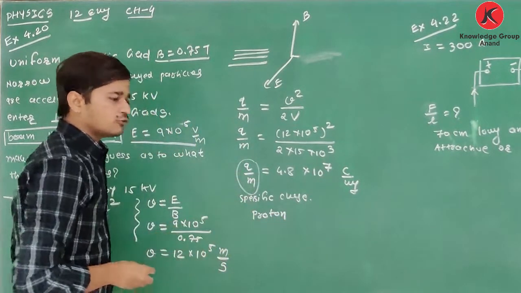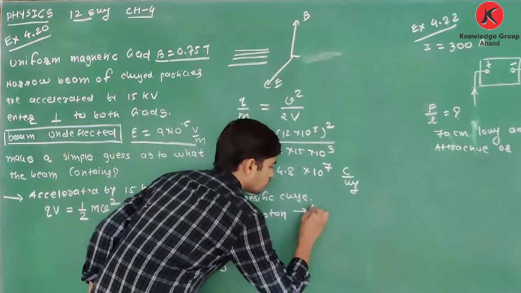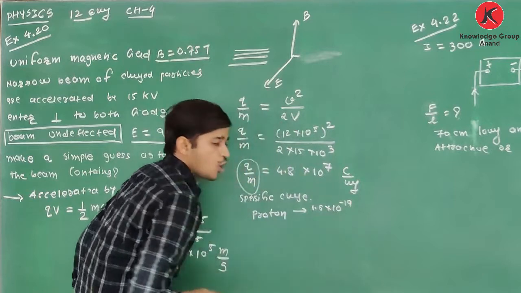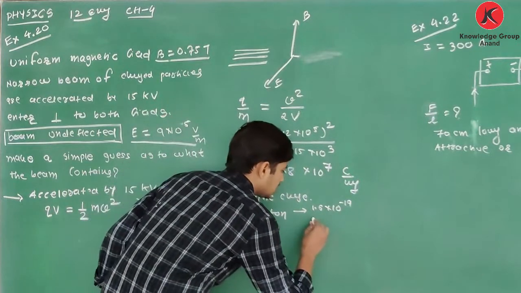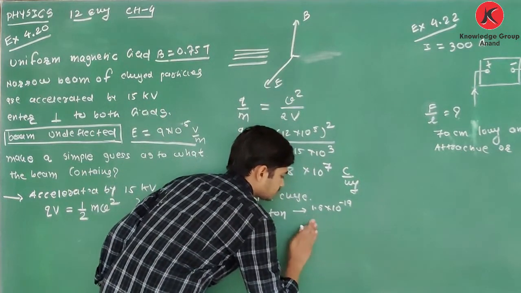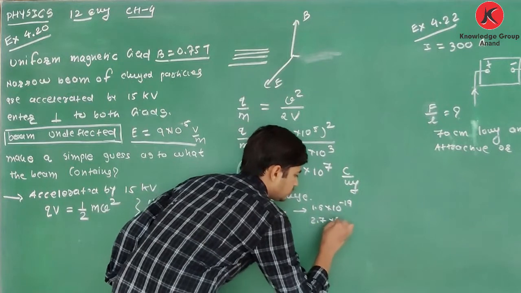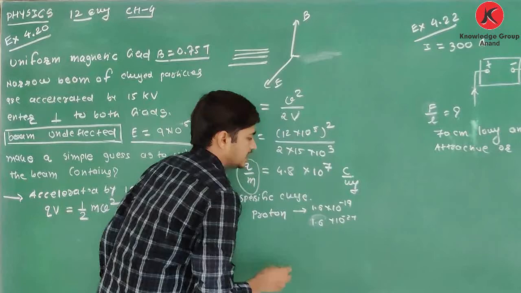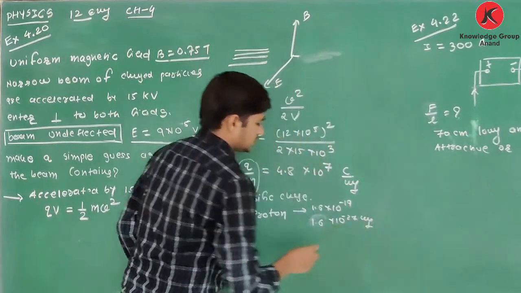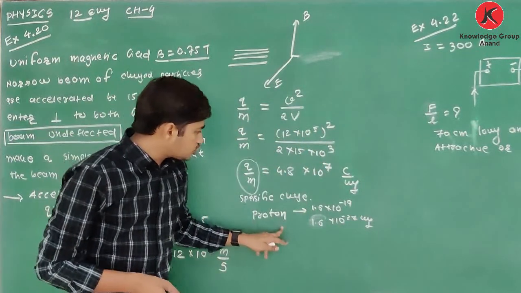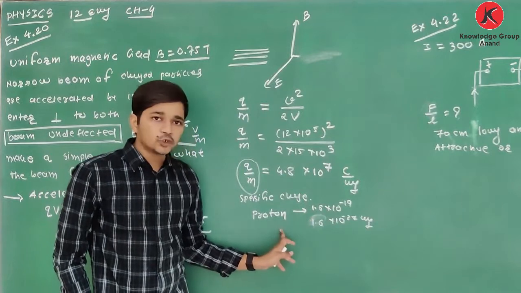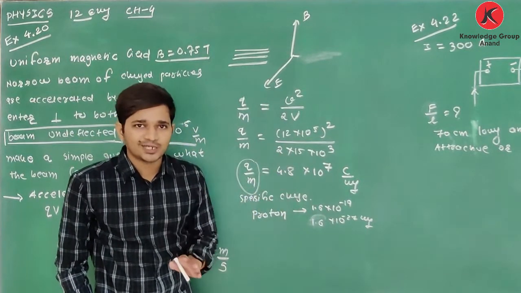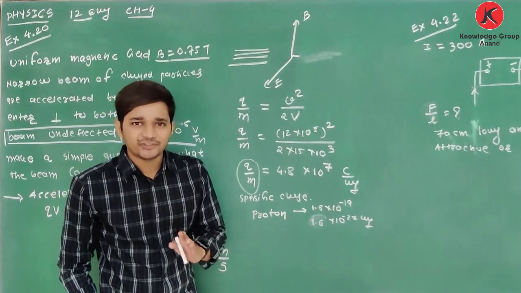What is the charge of a proton? 1.6 into 10 raised to minus 19 coulomb. What is the mass of a proton? It is 1.6 into 10 raised to minus 27 kg. Find the ratio of charge to mass for the proton. If your answer is similar to this answer, then the charged particles are protons.